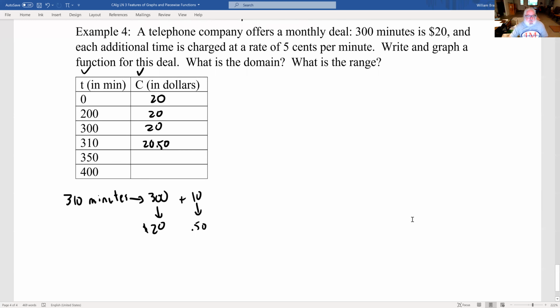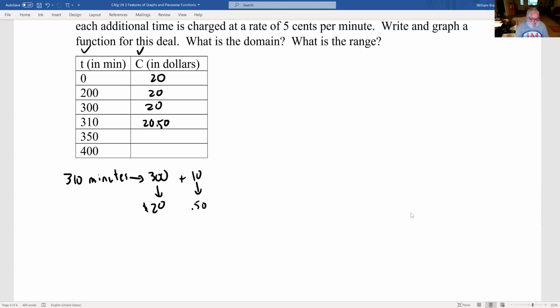What about 350 minutes? Well, same kind of thing. You need to break that into the 300 minutes, that's $20, plus the extra 50 minutes that you talked for. 50 minutes at 5 cents a minute is $2.50.